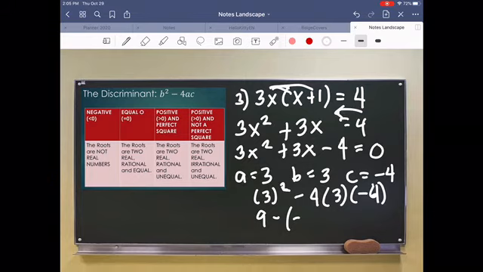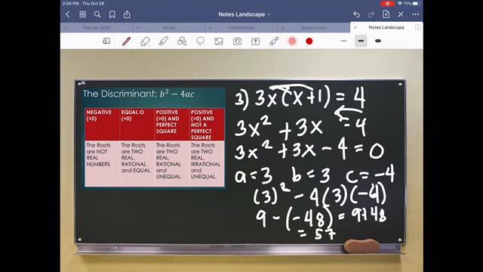Okay, so that is negative what? Okay, so 4 times 3 times negative 4 is negative 48. So that is 9 plus 48. So that would be 57.